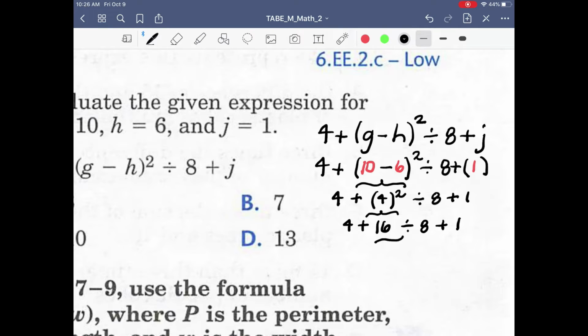You have to divide before you can add. 4 plus 2 plus 1 is going to be 7. So this expression evaluates down to 7. Remember that memory piece that we made in the lesson. You have to follow that order of operations.